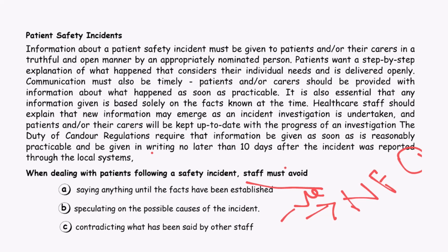Okay, so patients want a step by step explanation of what happened that considers their individual needs and is delivered openly. Okay, so whenever we are going to provide care to the patients, we have to give the entire explanation of what we are going to perform for the patient and what is the purpose of it. Everything we need to deliver properly, right?